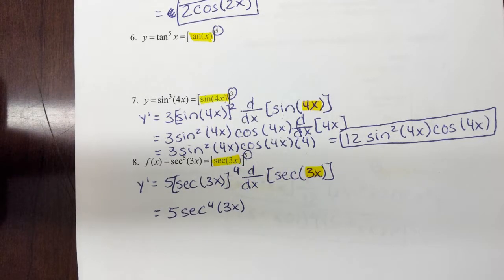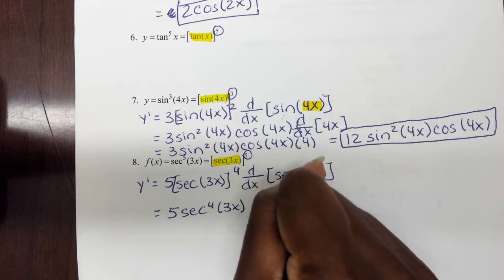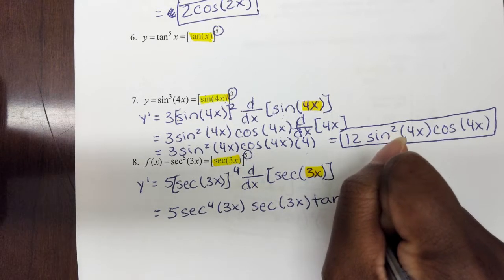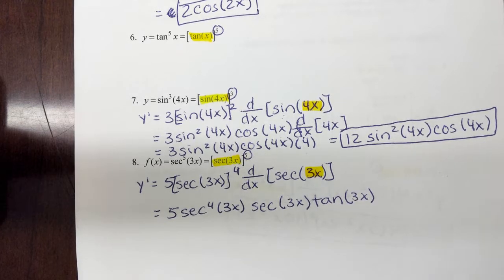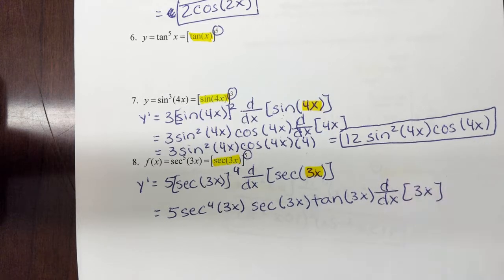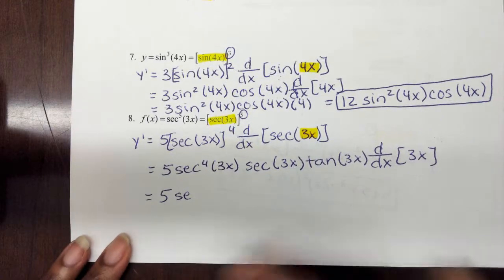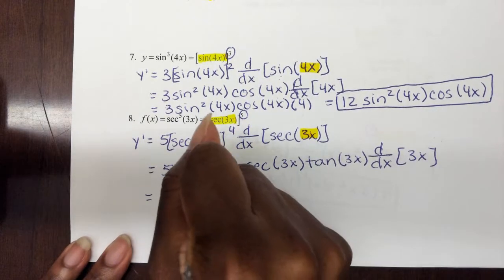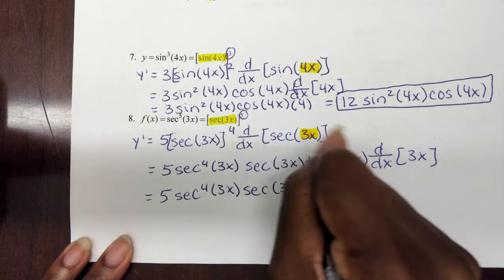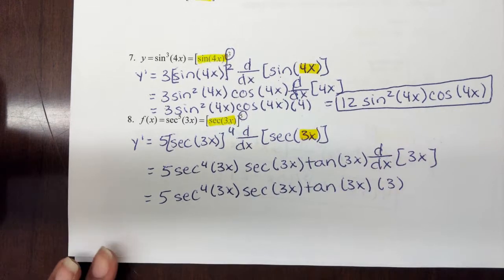We'll take the derivative of secant, which is secant, keep the baby, tan, keep the baby, and then derivative of 3x, which is 3, so we have 5 secant 4 3x, secant 3x, tan 3x, all times 3.